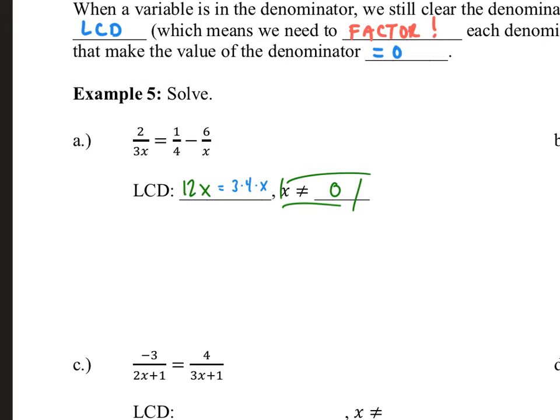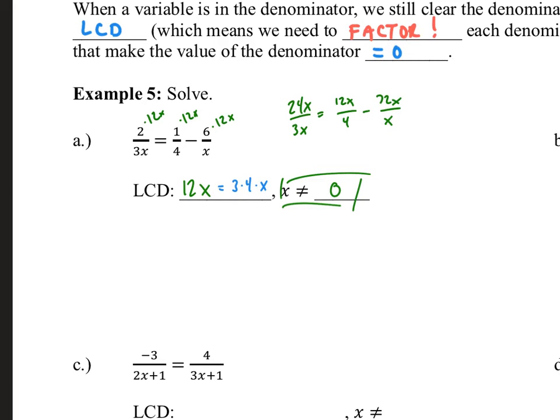So as I go to use it, sometimes I would just say, hey, let's multiply everything by 12x, 12x times each term. And that's perfectly fine to do. And if you do that, you can say, well, I'm just going to look at the numerators. 12x times 2 is 24x over 3x equals 12x times 1 is 12x over 4 minus 12x times 6 is 72x over x.